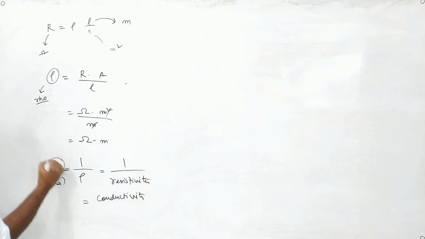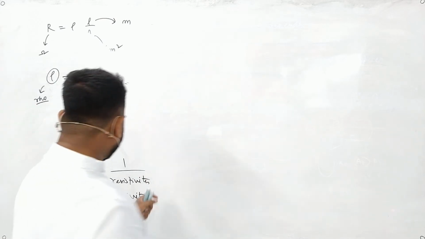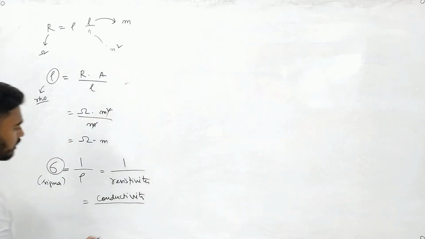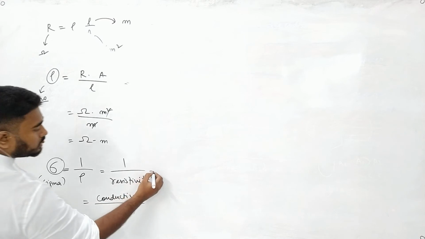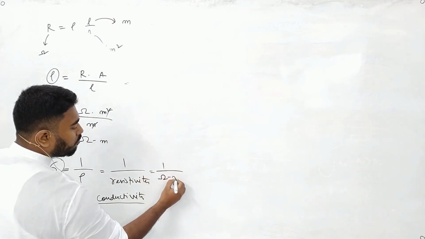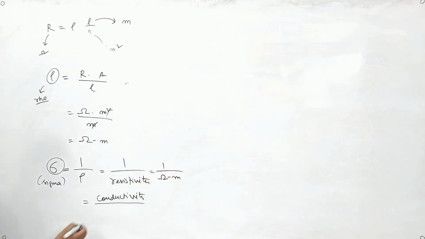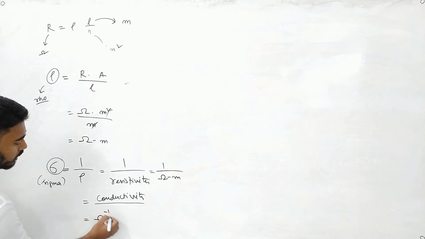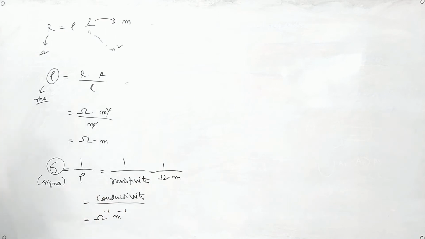So sigma is conductivity. Is that clear? Now if resistivity has units of ohm meter, then conductivity will have unit ohm inverse meter inverse.